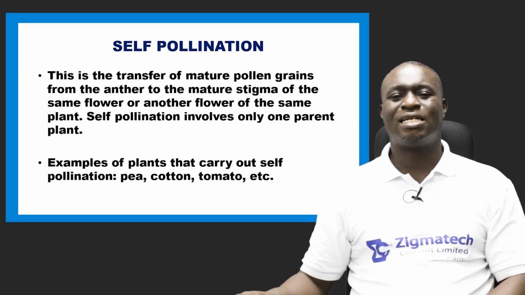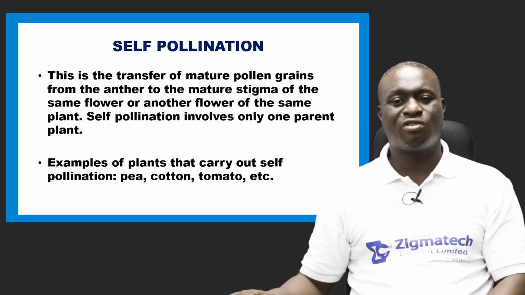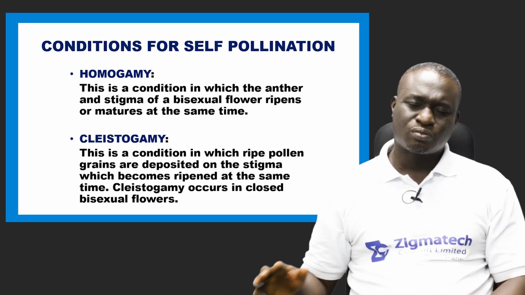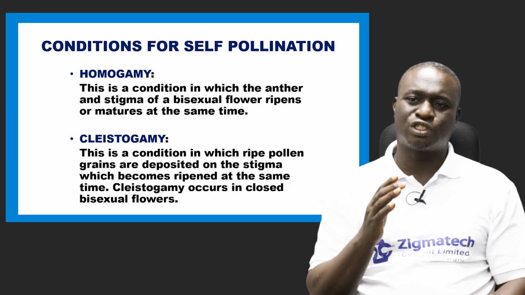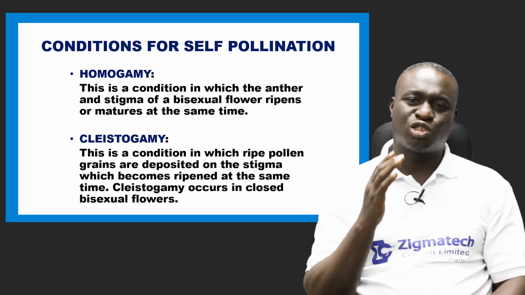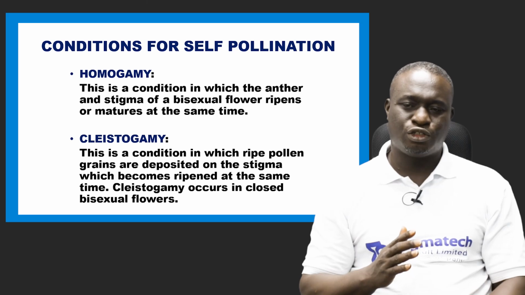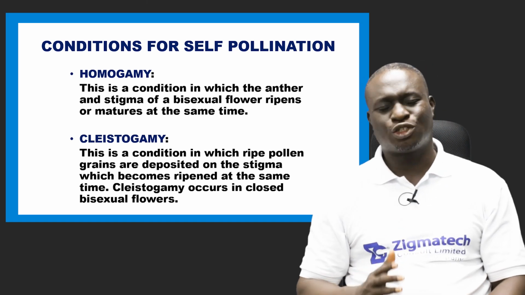So the garden pea plant also undergoes self-pollination, okay? Now, there are several conditions that are necessary for self-pollination to occur.